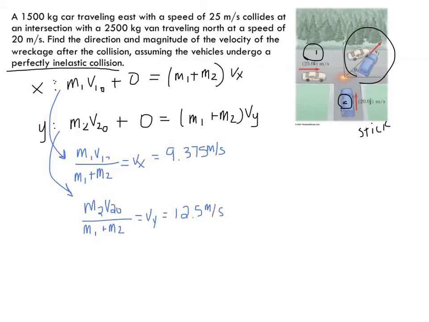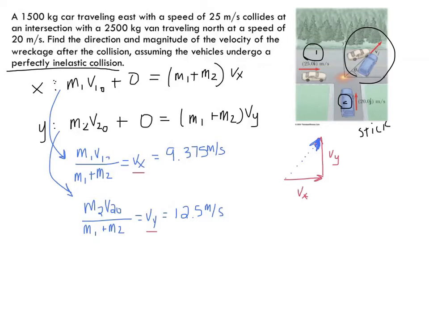Now, the important thing after this is to recognize that what we solved for is our velocity in the x direction and our velocity in the y direction. What the problem is asking for is our resultant velocity. So in this case, it is the hypotenuse of the triangle that we create.